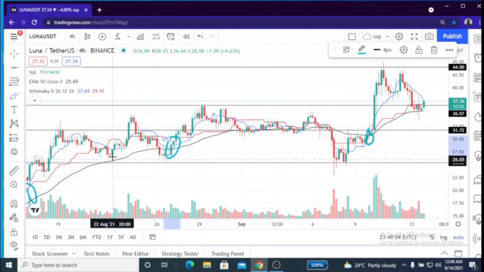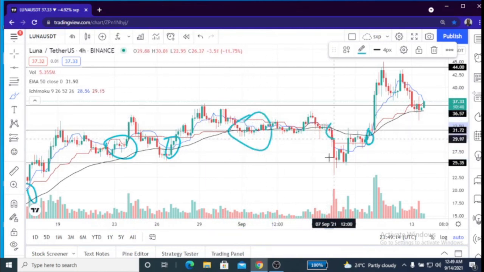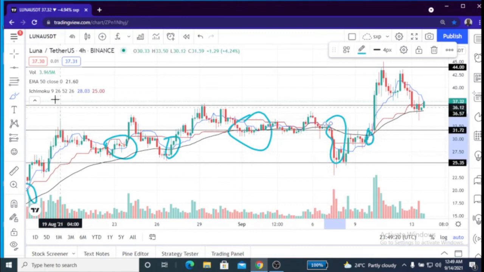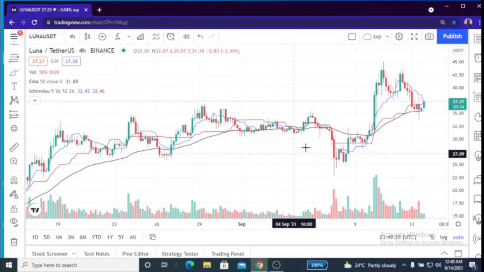If anyone was going to short this market, you would not have made anything here. You wouldn't have made anything here. In fact, you might have lost some money. Maybe you could have made a little profit around here, but you might have lost more in this trade trying to short this market. So definitely this is how I enter my trade.